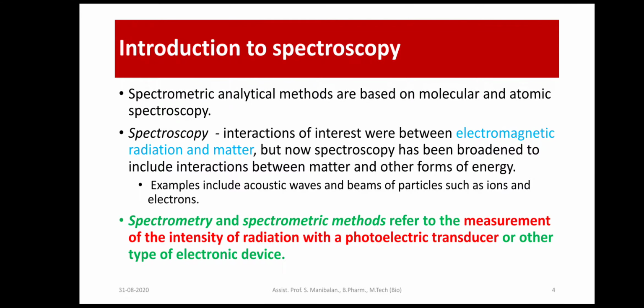Then the electronic energy will be displayed as a digital result, right? So we are giving electromagnetic radiation which is passed through the sample, but we need the result in digital form, so the transducer will do that for us. That is an important electronic device.